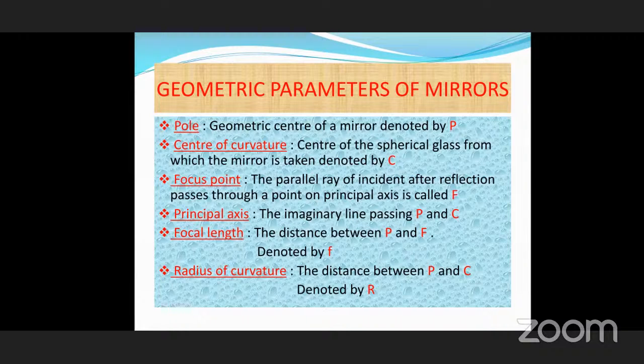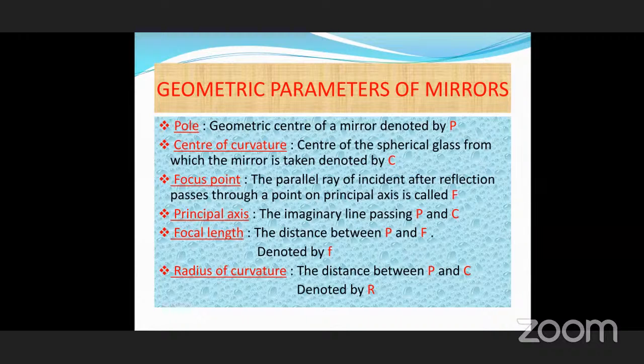That is generally measured in centimeters. And next, the radius of curvature. This is also an important one. It is the distance between two points, the pole and the center of curvature. If you know P and C, you can write two definitions. The distance between P and C is the radius of curvature.